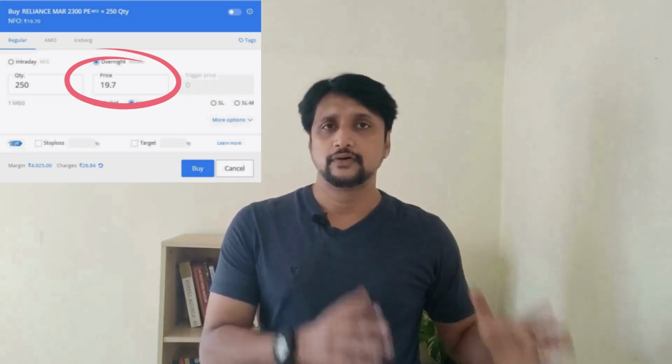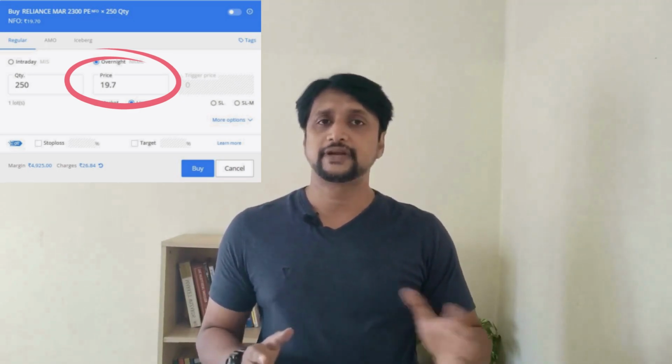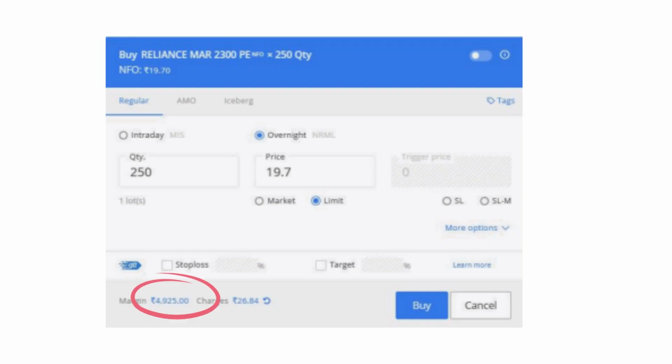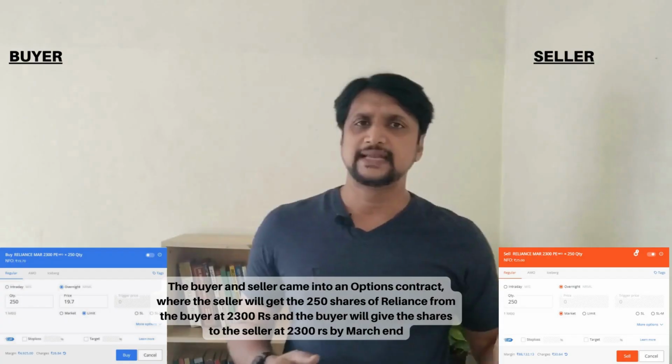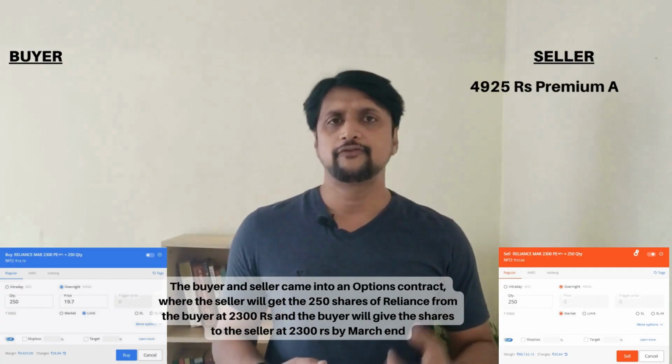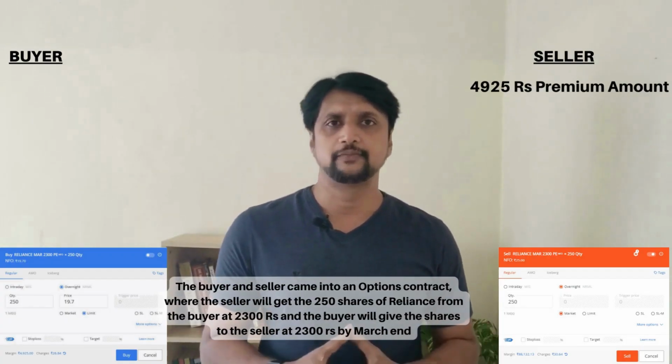Like futures, we can buy options also only in lots. Here for Reliance, one lot is 250 shares. So to buy this, we need to pay 19.7 into 250, which is 4,925 rupees, which is the premium amount we give to the seller. The seller will get this premium amount of 4,925 rupees.